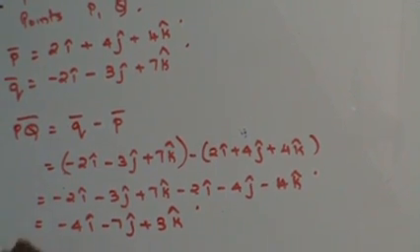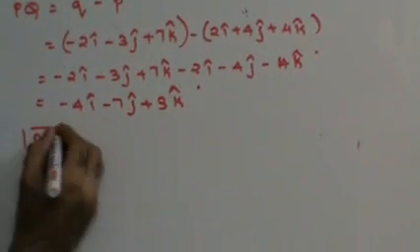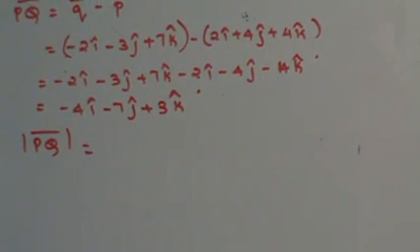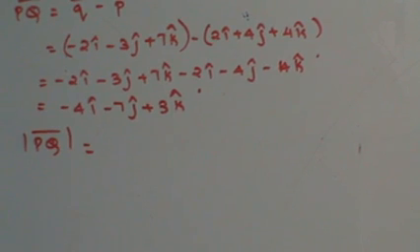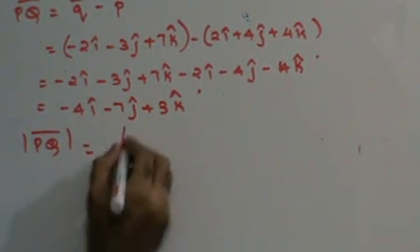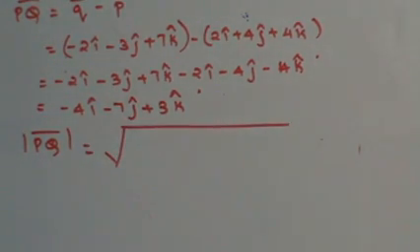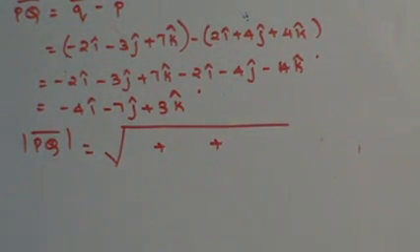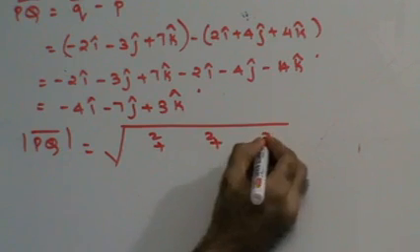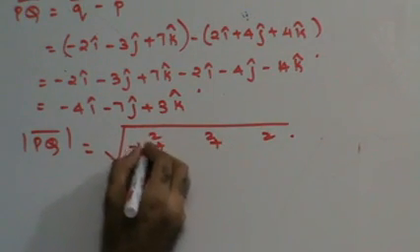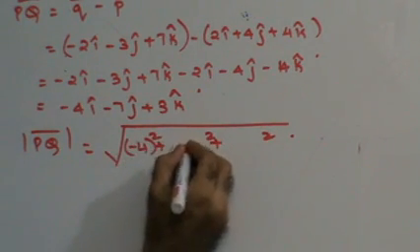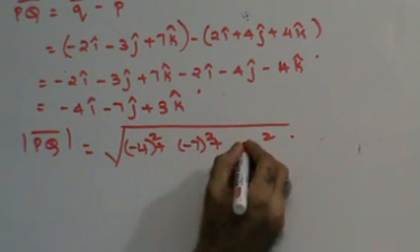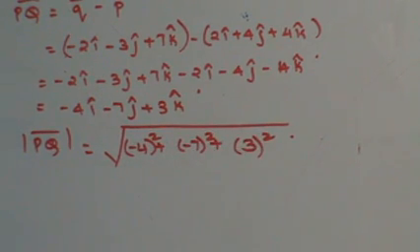Now they've asked you to find out the magnitude of PQ vector. I just explained how to find the magnitude of a vector. Magnitude of a vector is the square root of the sum of squares of the coefficients: minus 4 square, minus 7 square and 3 square.